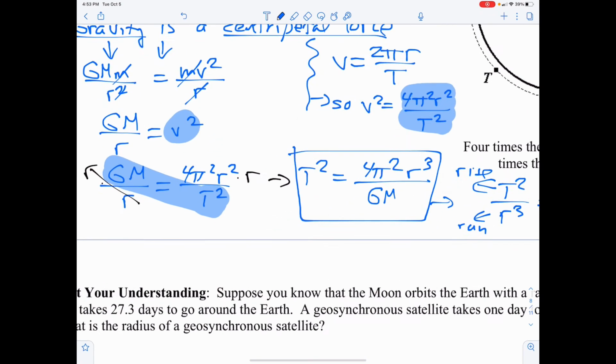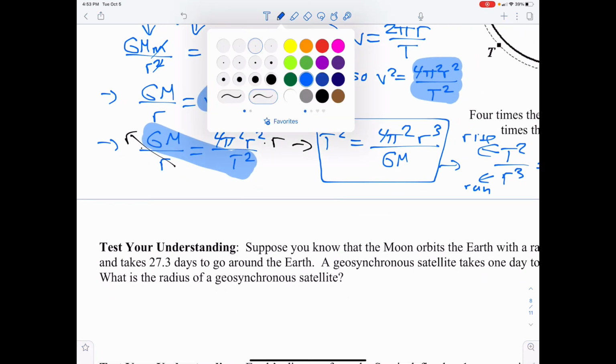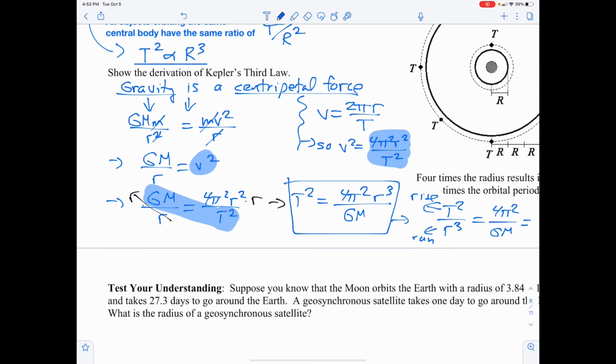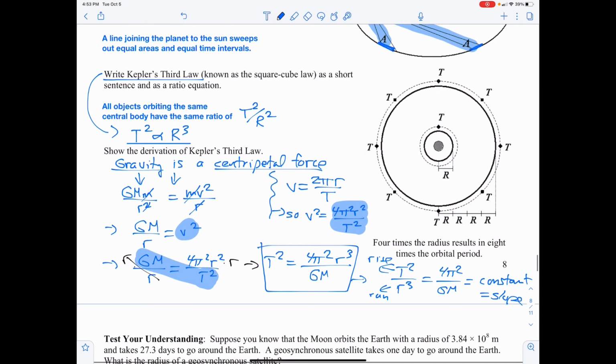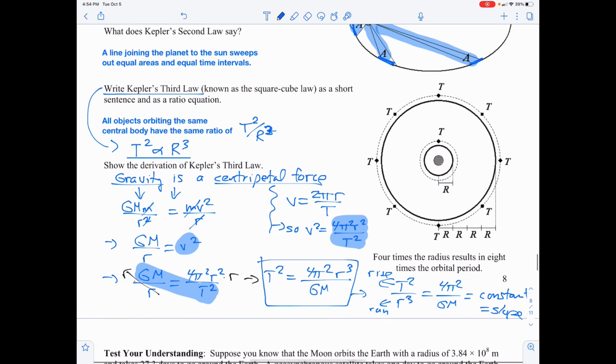And if we want to write this as a way of comparing two orbiting bodies, we would simply write it like this, where we say if you have two orbiting bodies that orbit the same central body, they all have the same ratio of T squared over r cubed. I miswrote that, I'm sorry, that's r cubed, not r squared.